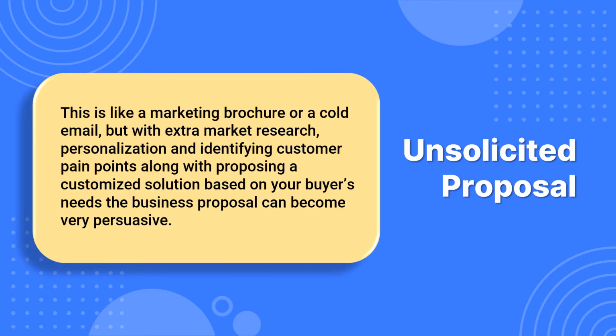This is like a marketing brochure or a cold email, but with extra market research, personalization, and identifying customer pain points along with proposing a customized solution based on your buyer's needs. The business proposal can become very persuasive.